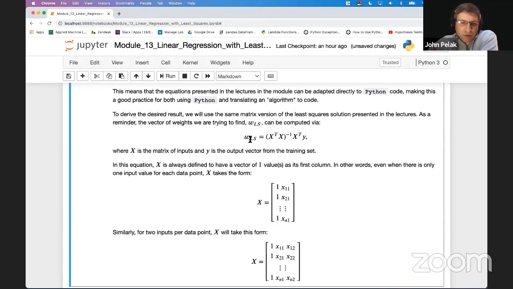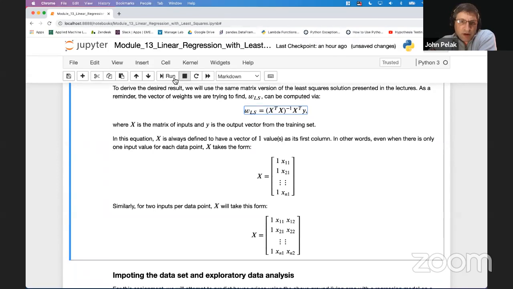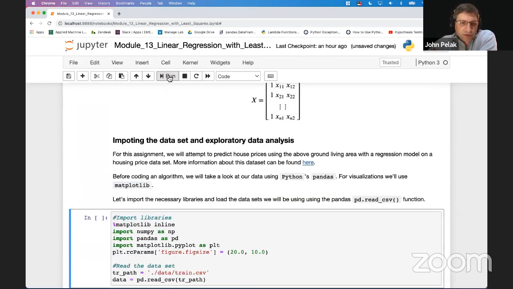So in this case, we're trying to learn a series of weights, and the least squares method on these types of variables allows you to do this analytically, so you can see the formula to compute that. But let's take a look at the data set itself.